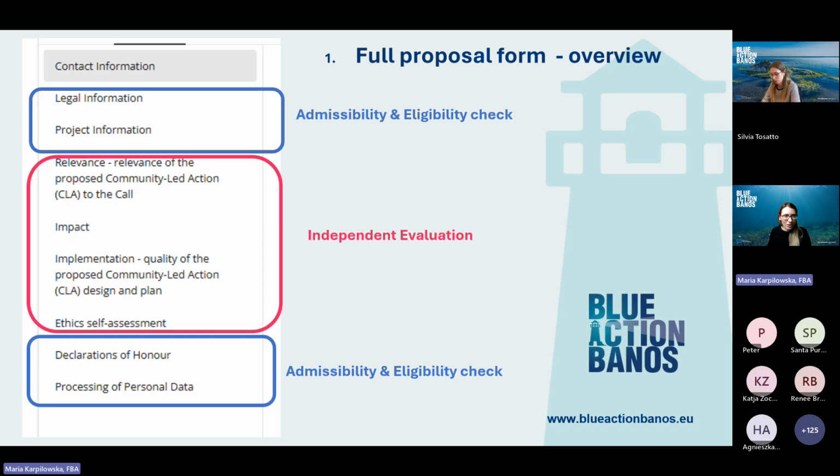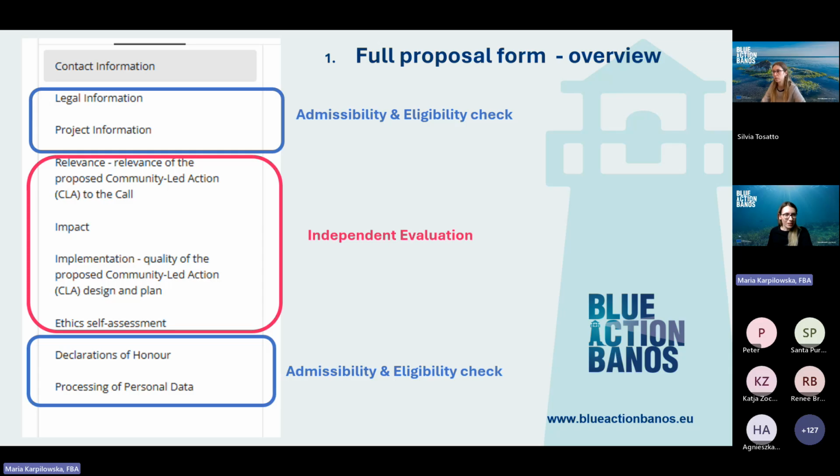Those 4 sections that you can now see in the blue boxes, in those sections, the information you provide is quite crucial for the admissibility and eligibility check process that we carry out just after the submissions deadline, right? So the information you put there carries importance for this stage of the evaluation and selection process.